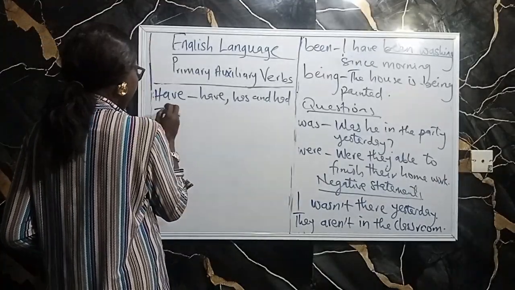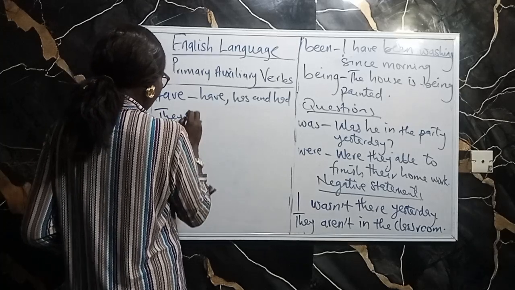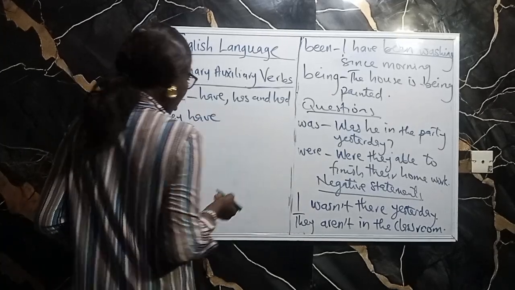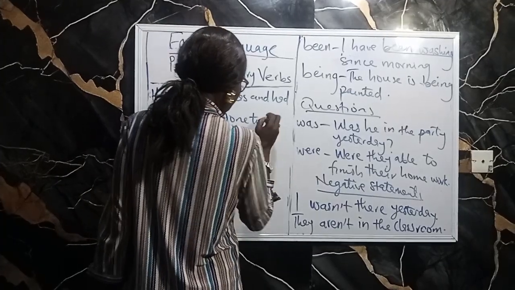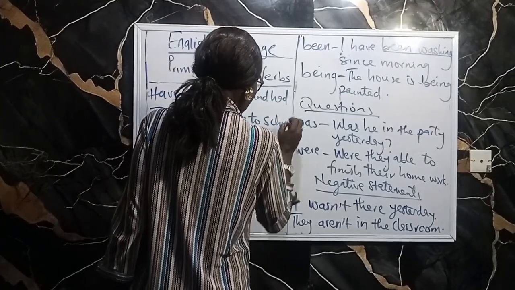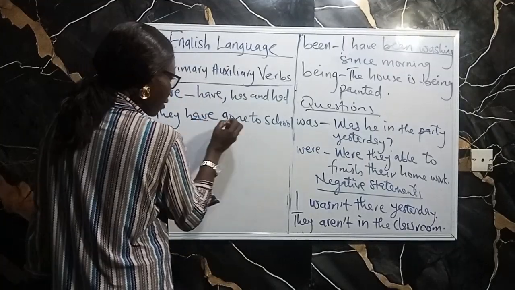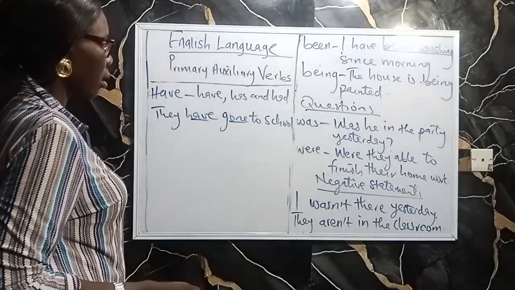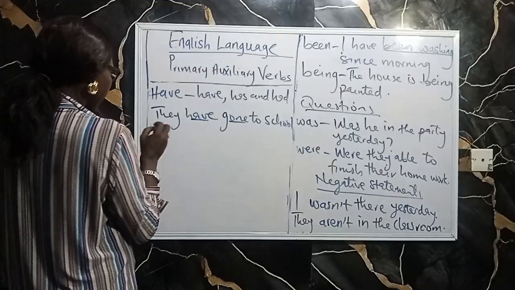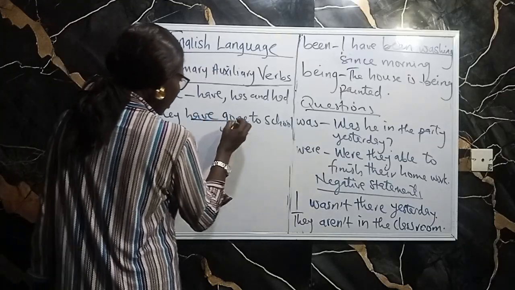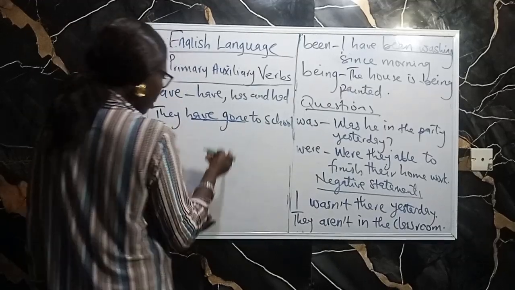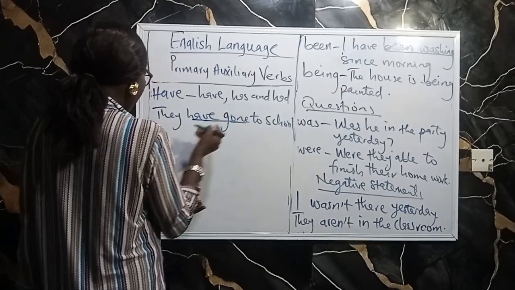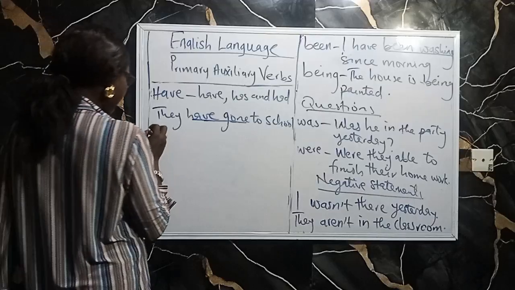Like have. They have gone to school. Okay, have and gone. Have is the primary auxiliary, while gone is the form of the main verb go. Then we also have has.